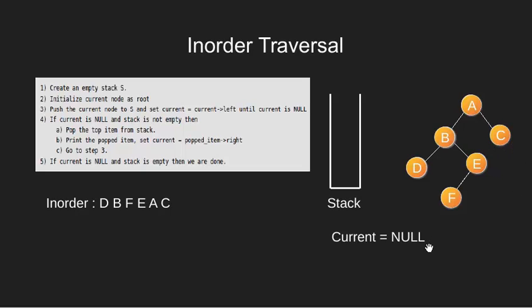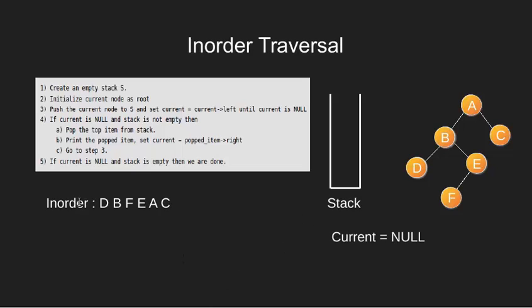We go to step 3, and since current is null, step 3 doesn't do anything. We go to step 4, and since current is null and the stack is empty, this step also doesn't do anything. We go to step 5, and since current is null and the stack is empty, we are done and we terminate.